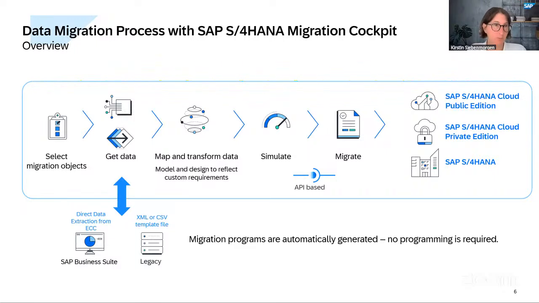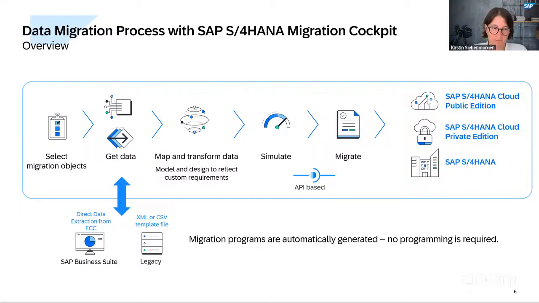Let's have a look at the process itself. First of all, you need to select the migration objects which are relevant for your project. So you decide which data you want to take with you, which master data and open transactional data are necessary and you want to migrate. And then we have two possibilities how the data is fetched.